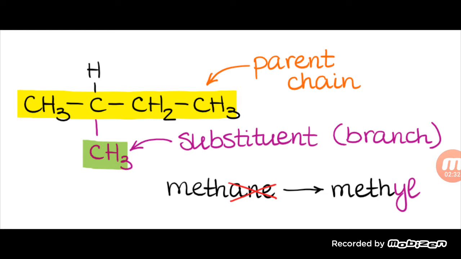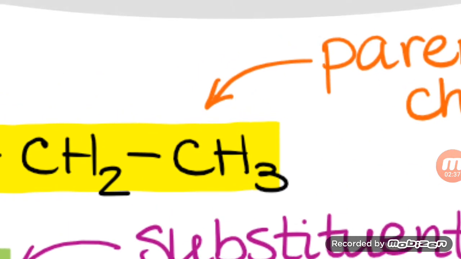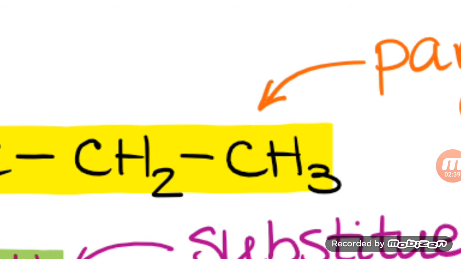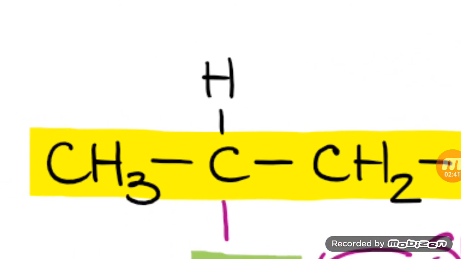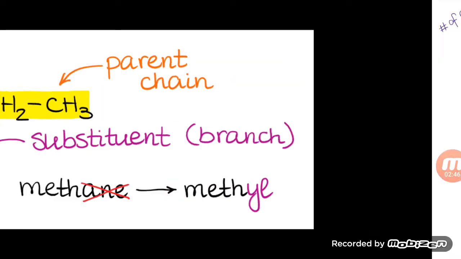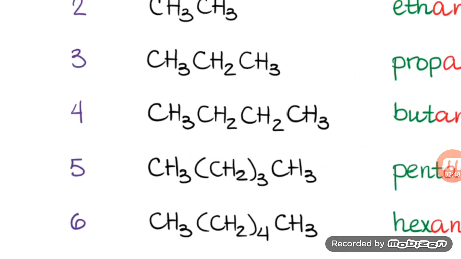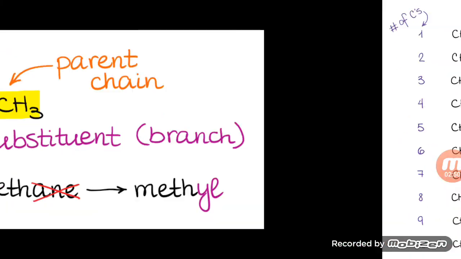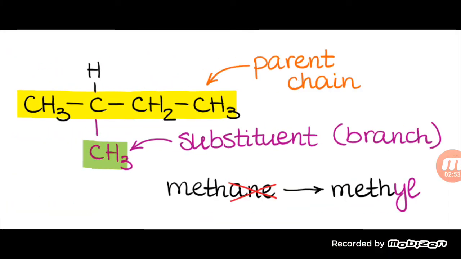How many carbons does this basic chain have? It has 1, 2, 3 and 4 carbons. The hydrocarbon having 4 carbons is called butane. Remember, 4 carbons, butane. Then the remaining groups will be treated as substituents. A substituent is a branch present in addition to the straight chain.